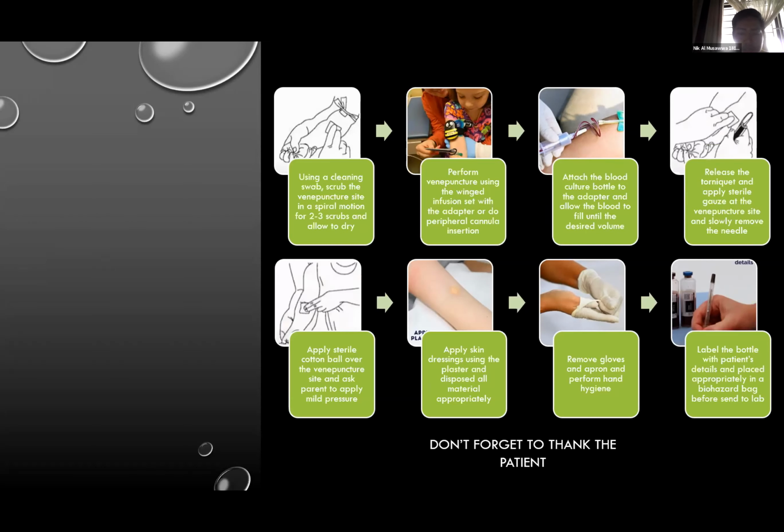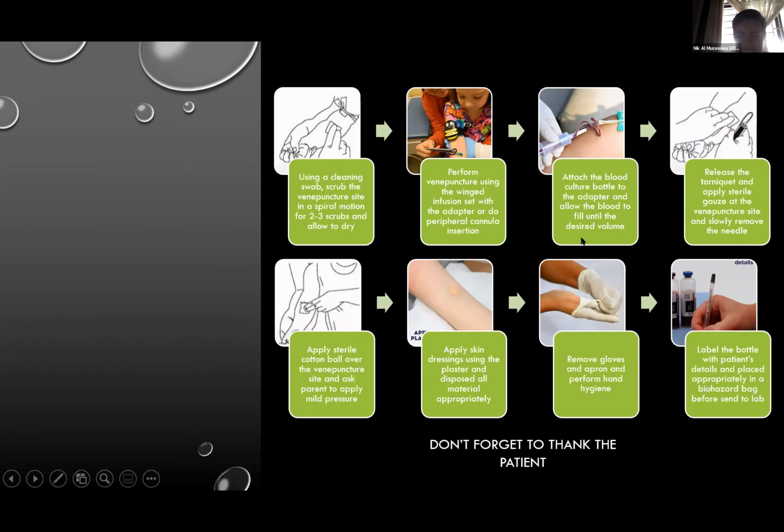And then perform venipuncture using a wing infusion set with the adapter if our patient is an adolescent or older child, or use peripheral cannula insertion for infants or neonates, or we can even use the drop method, which is not being shown here actually.